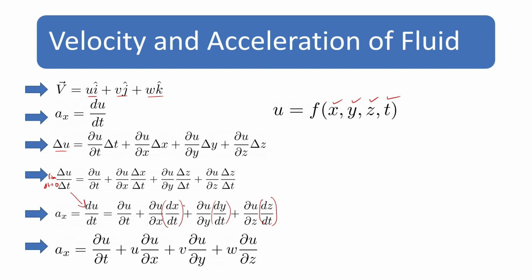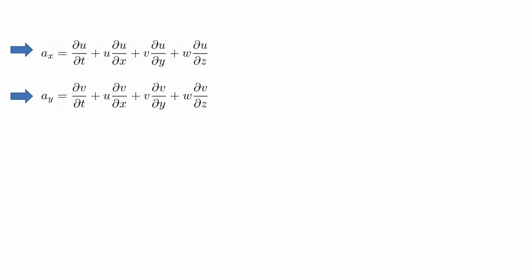That means dx by dt is equal to u, and dy by dt is v, and dz by dt is w. So ax becomes dou u by dou t plus u into dou u by dou x plus v into dou u by dou y plus w into dou u by dou z. The same way you can write for ay also, acceleration in y direction.